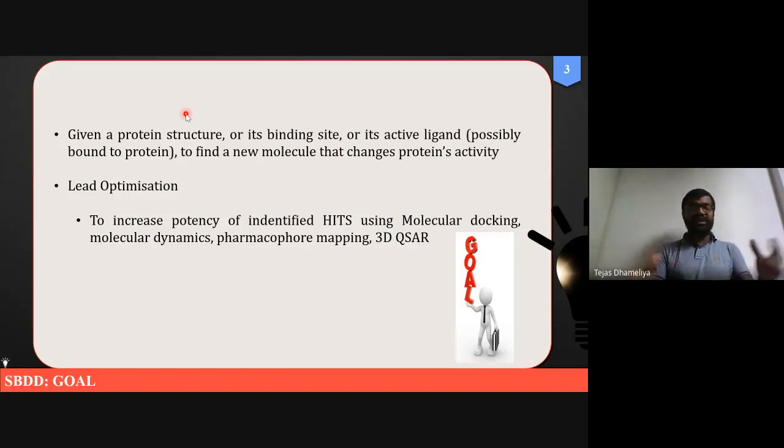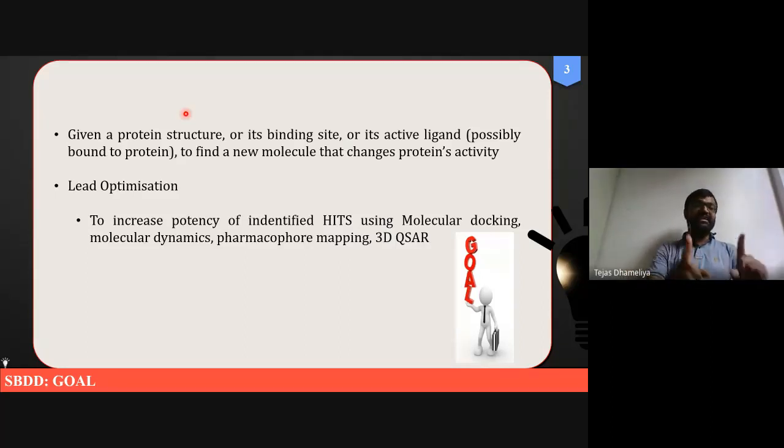If we want to fight this enemy using a potent medicine, then techniques such as molecular docking, pharmacophore mapping, and 3D QSAR can be used to find new molecules which will act against COVID-19.